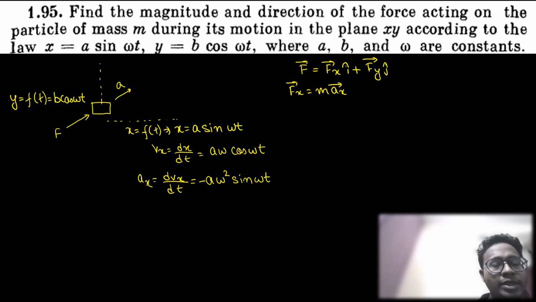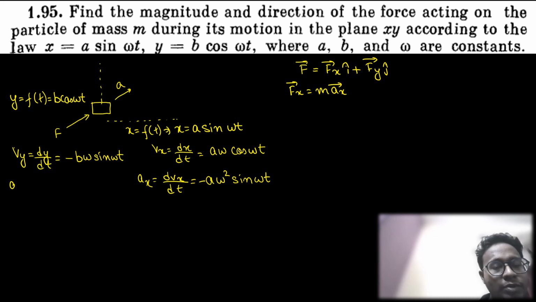Similarly, velocity in y component is dy by dt, which is minus b omega sine omega t.